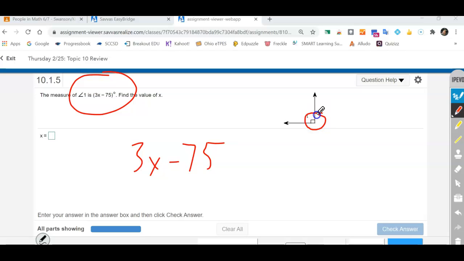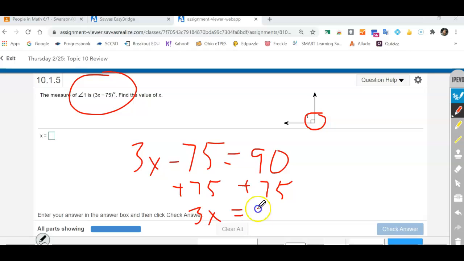That is a right angle right there, which is 90 degrees. So I set it up as this equation, two-step equation, and then solve. So add 75. 3x equals, what is that, 15? Divide by 3, x equals 5.